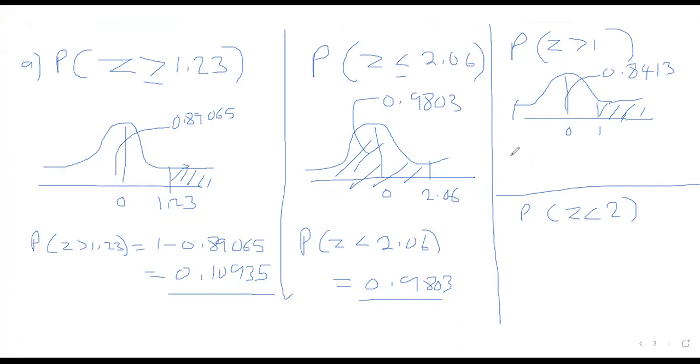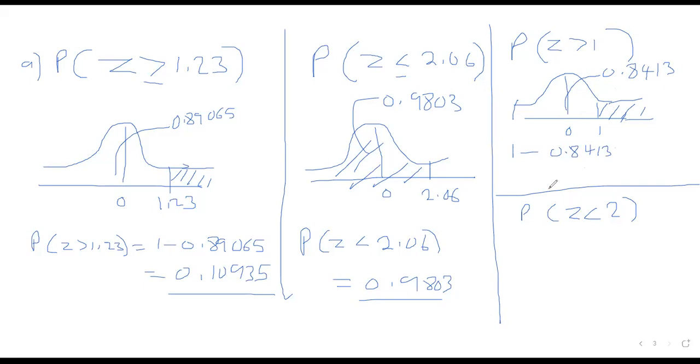We subtract it from 1. The other table will give you 0.3413. Using the half table, you subtract it from half, which is 0.5. Using the full table, you subtract from 1.